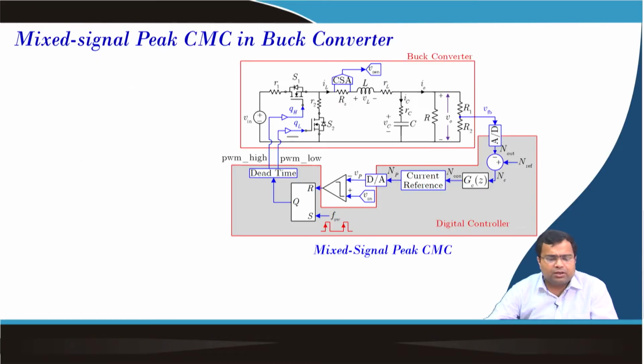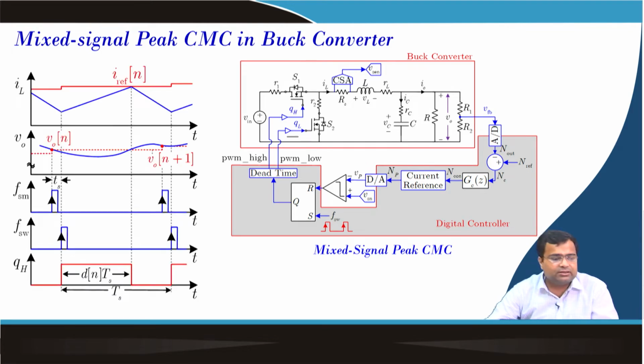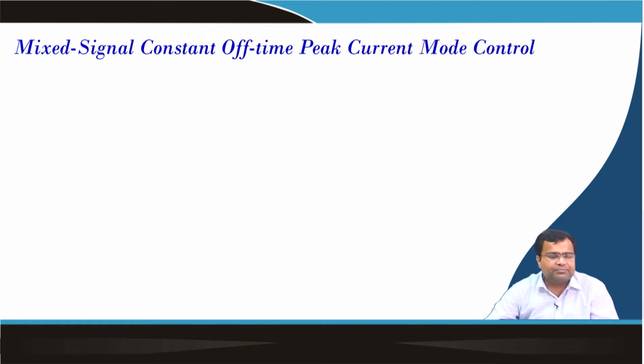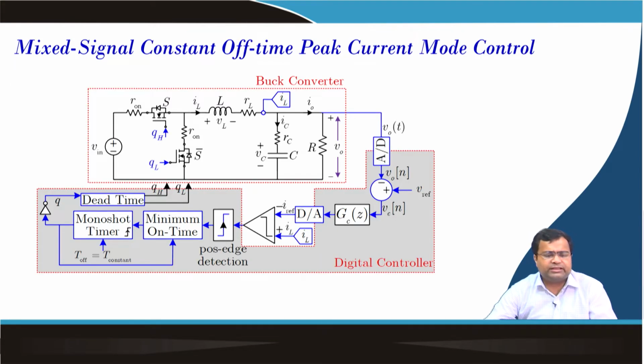We already have discussed mixed signal peak current mode control, so we are not going to spend time on it, and we know the functional waveform. We also know the mixed signal constant off time peak current mode control.